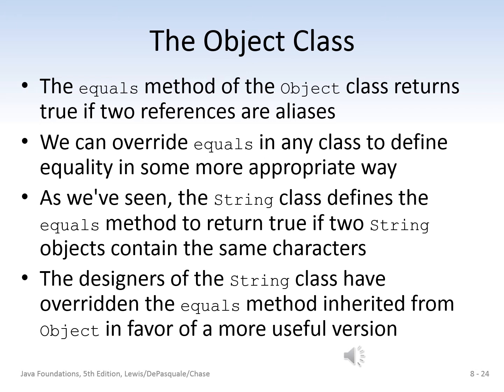We've also seen the String class defines the equals method to return true if two string objects contain the same characters. When the designers of the String class wrote that class, they overrode the equals method, which is inherited from Object, in favor of an equals method that was more useful in dealing with strings.